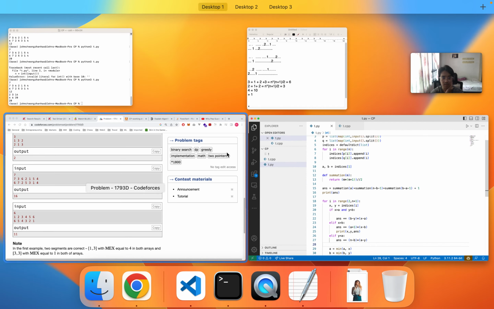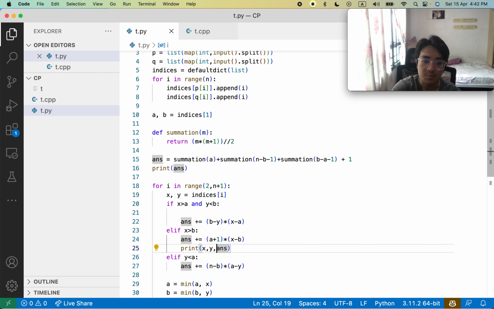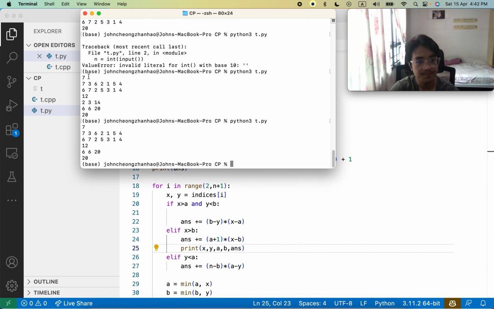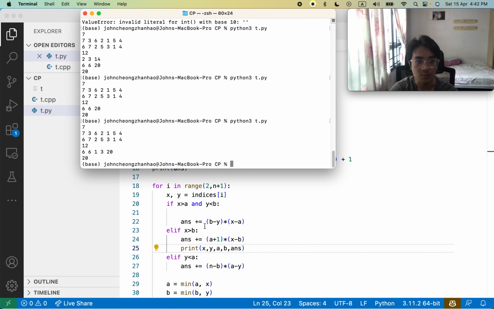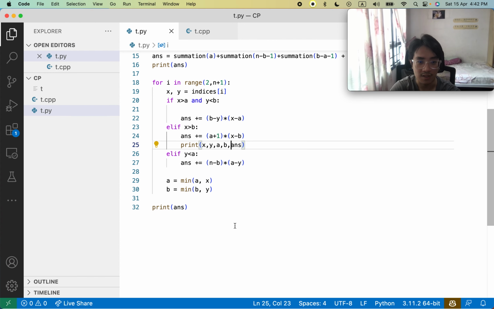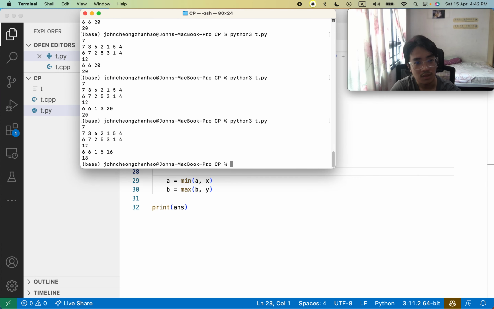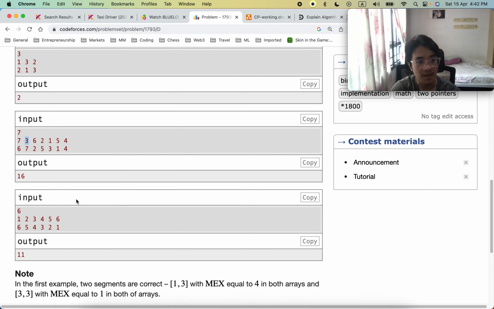I think that was the problem because 6, 6, 20. Let's print a and b as well. 1 and 3, which does it correspond to those values? 1 and oh, I know why, because you're not resetting it correctly. It should be maximum value. Okay, looks like 1 and 5. 1, 2, 3, 4, 5. That's correct.